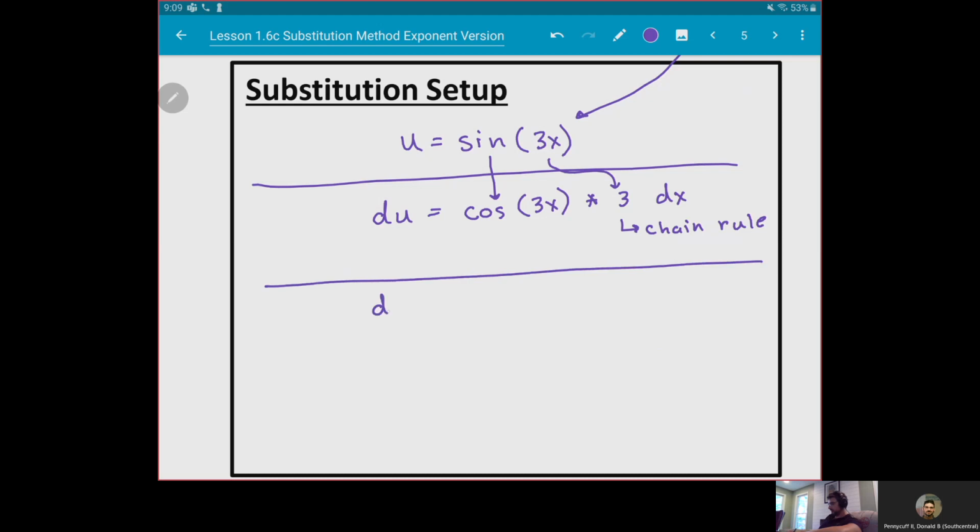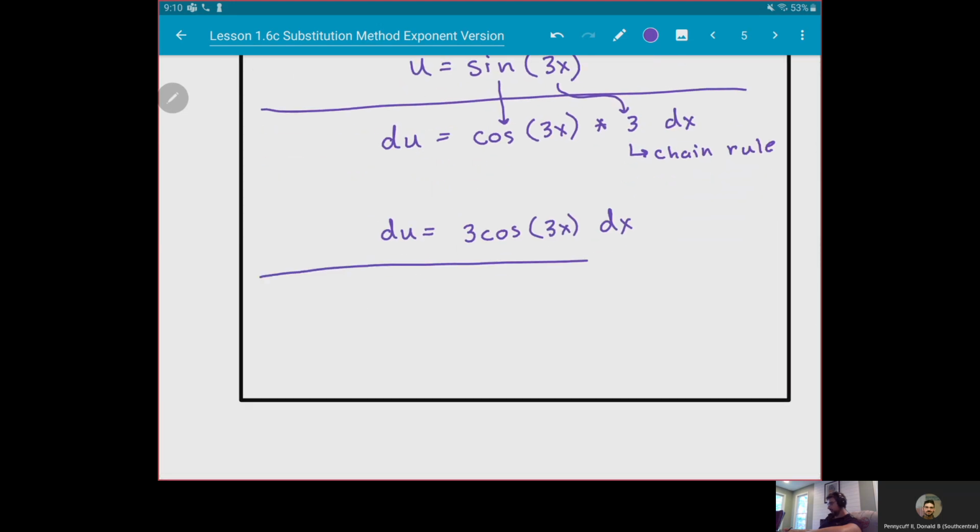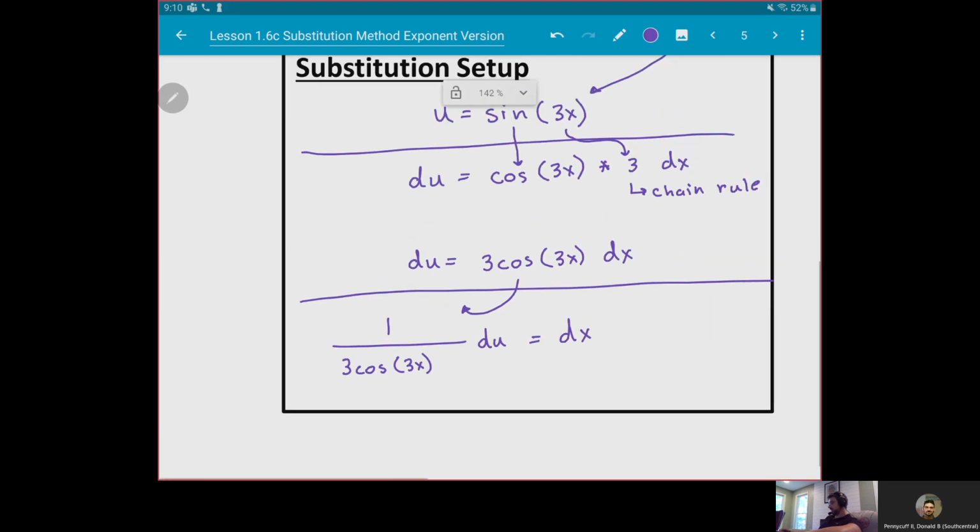And so du is equal to 3 cosine 3x dx. That should all probably be the same step. And then I can move everything over, and that's going to be 1 over 3 cosine 3x du equals dx. And so now I've got everything set up.